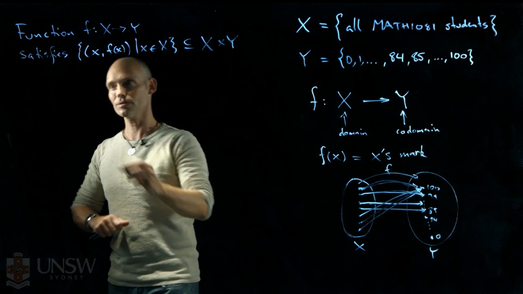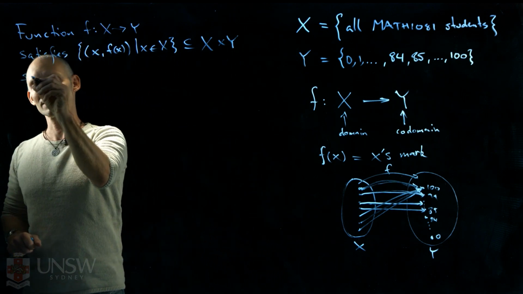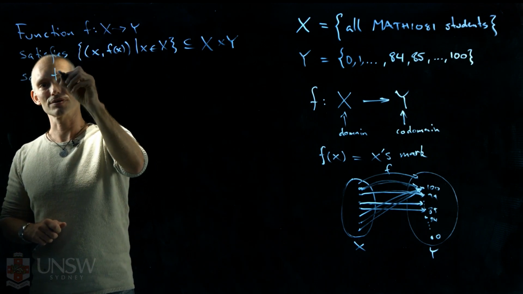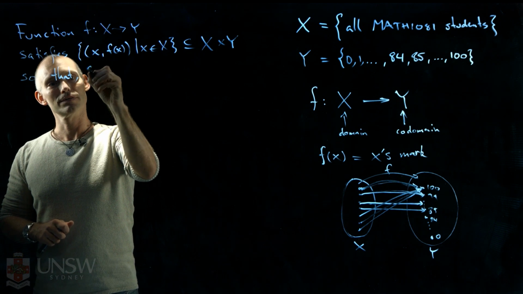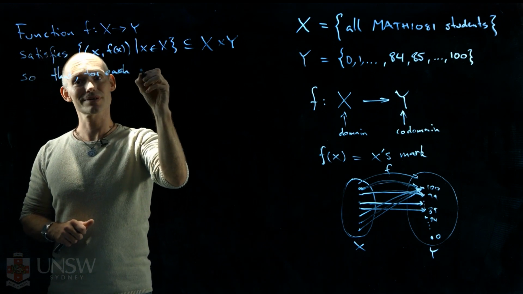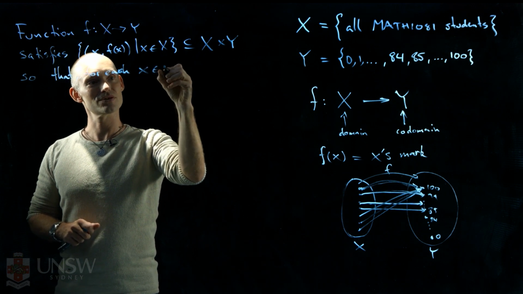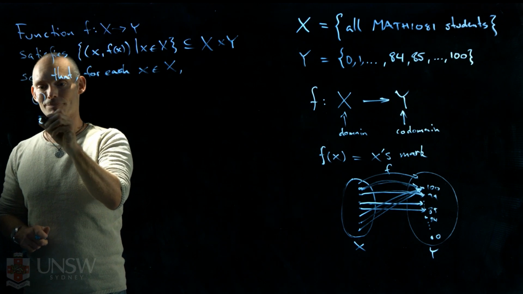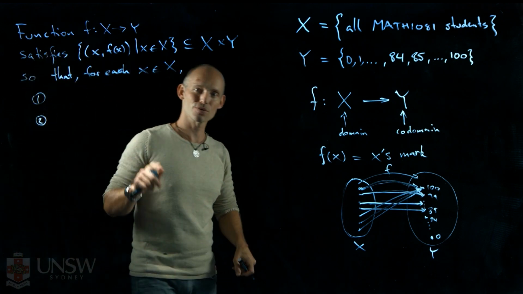So this is sort of a way of defining the functions. But we also have to have that some conditions are upheld. So we could write that for each, in this case, student, or more generally, each x in x, we have two things that are satisfied.